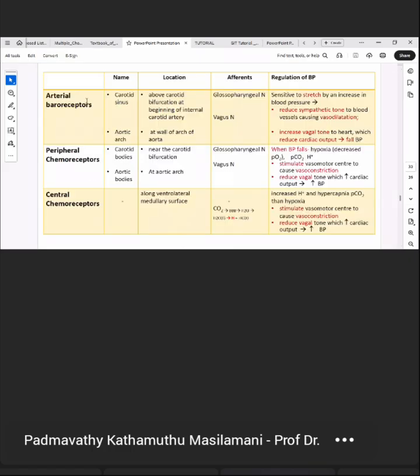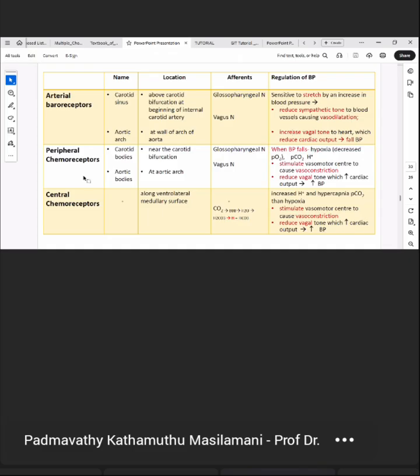Any increase in the blood pressure will stimulate the carotid sinus or aortic arch, carried by the glossopharyngeal and vagus nerve respectively, so that it decreases the sympathetic tone. That decreases the contraction of the heart and also causes vasodilatation to bring down the pressure.